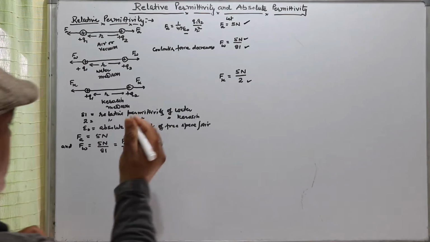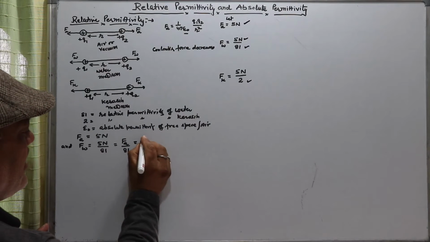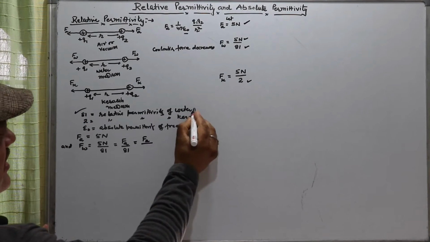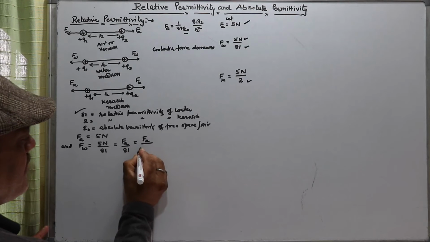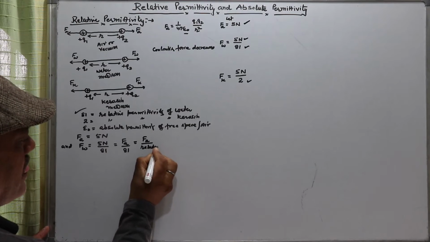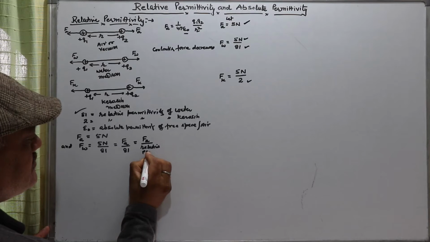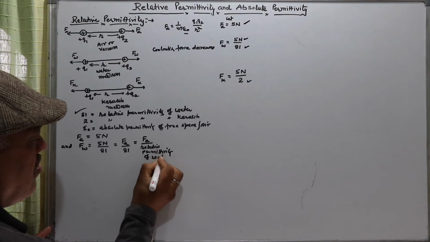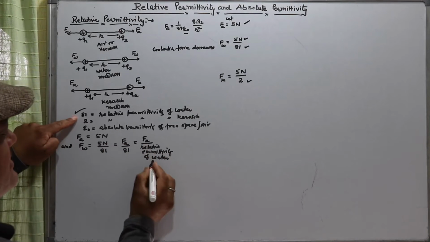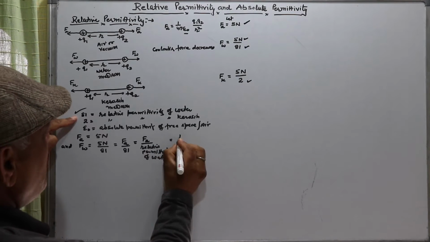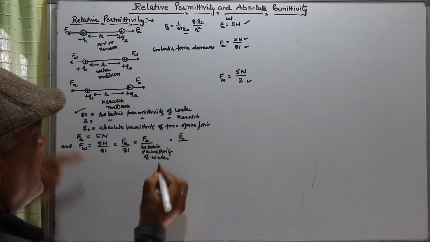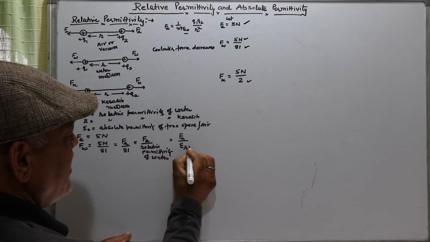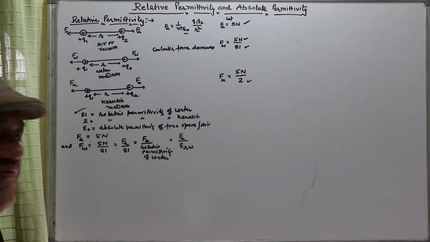Now what is 81? 81 is the relative permittivity of water. Now Fa, relative permittivity of water को मान लो हम डिनोट करते हैं R for relative and W for water.